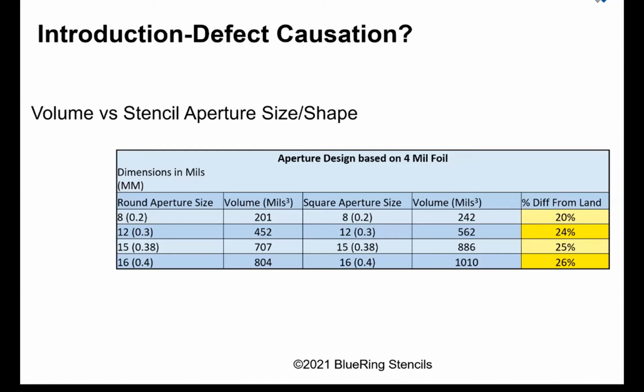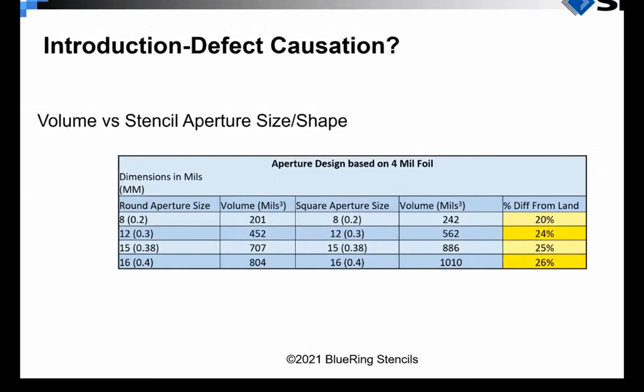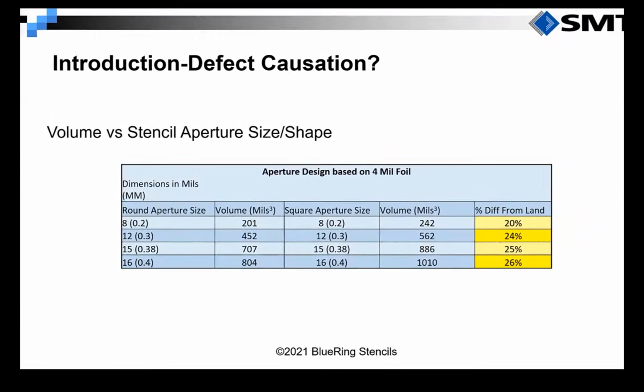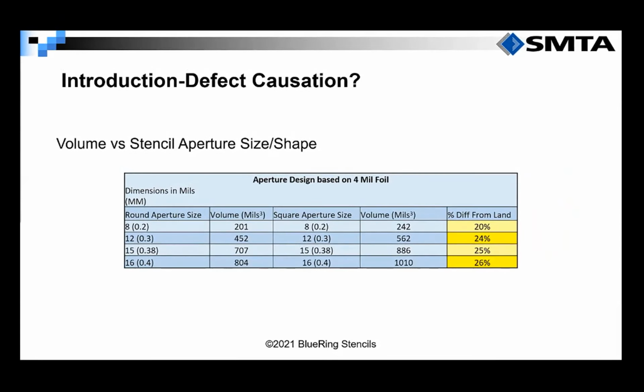As an example, the 15 mil round aperture would theoretically deposit 707 cubic mils of paste onto the PCB, and a 15 mil square aperture would deposit 886 cubic mils of solder paste. So just changing the shape from round to square in this case increased the solder paste volume by 25%, and without narrowing the gap between apertures. So there's no added concern of bridging.